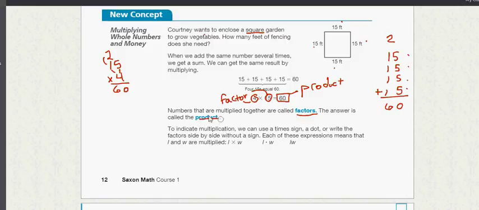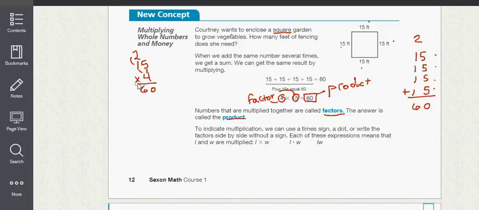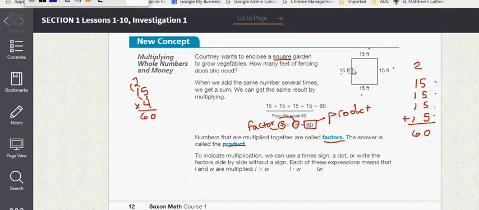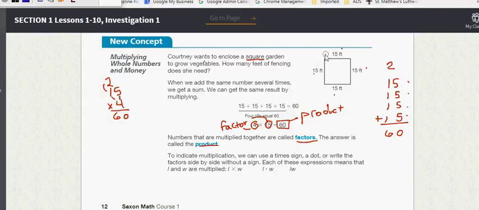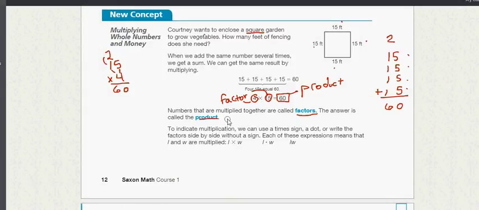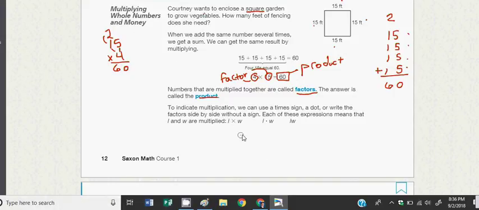To indicate multiplication, we could use this sign, the way they did here. L times W stands for length times width. Or you can use a dot, which also means times. Or you can just put the 2 letters, length, width, next to each other, and that also means multiplication.